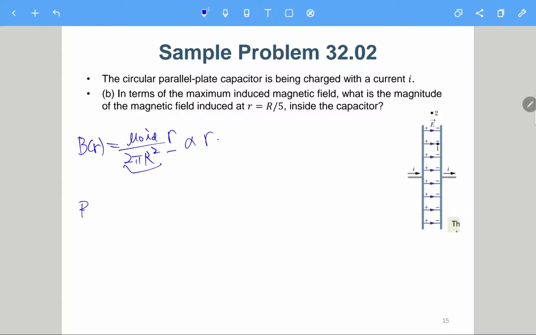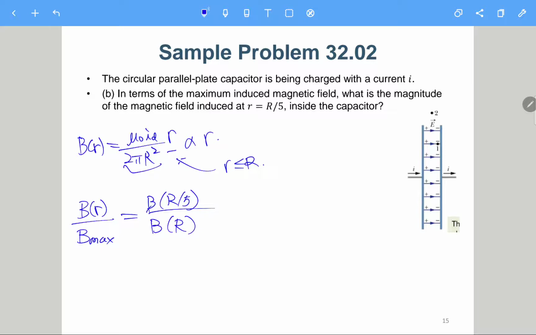And of course, B of r over B max, where r is capital R over 5, and the maximum should be B of R, because this formula holds when small r is smaller than or equal to capital R. If small r is larger than capital R, then B starts to decrease.